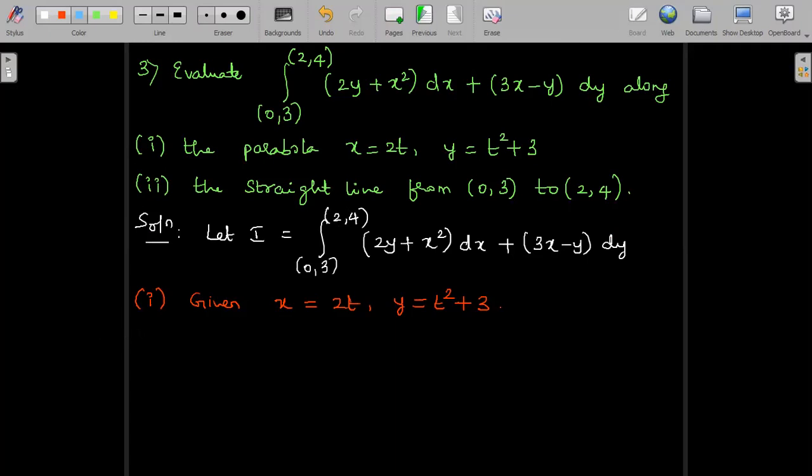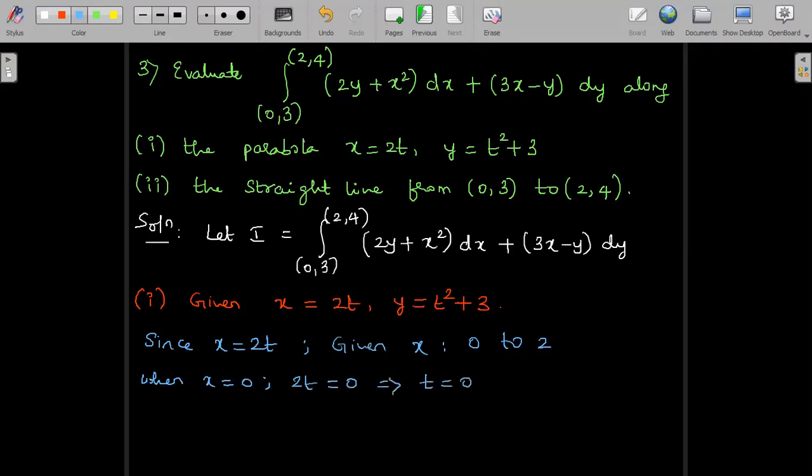Since x is equal to 2t, from the given we have x varying from 0 to 2. So when x is 0, 2t is equal to 0, or t is equal to 0. Similarly, the upper limit is when x is 2.